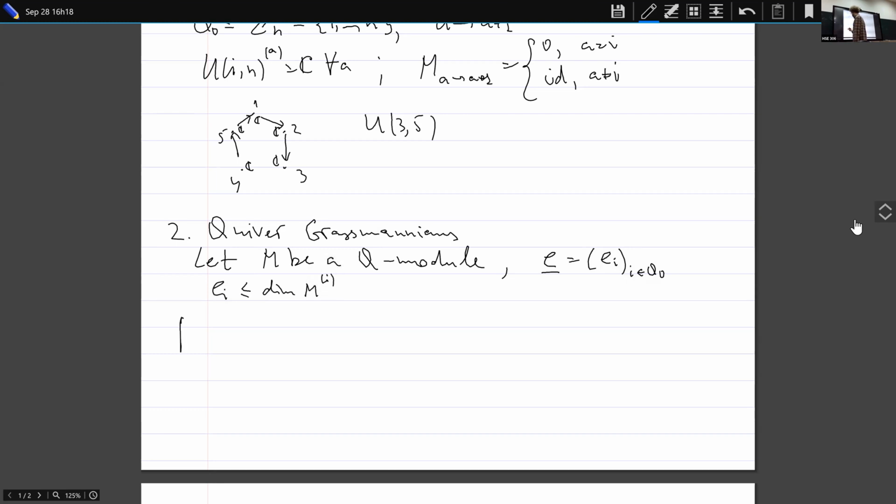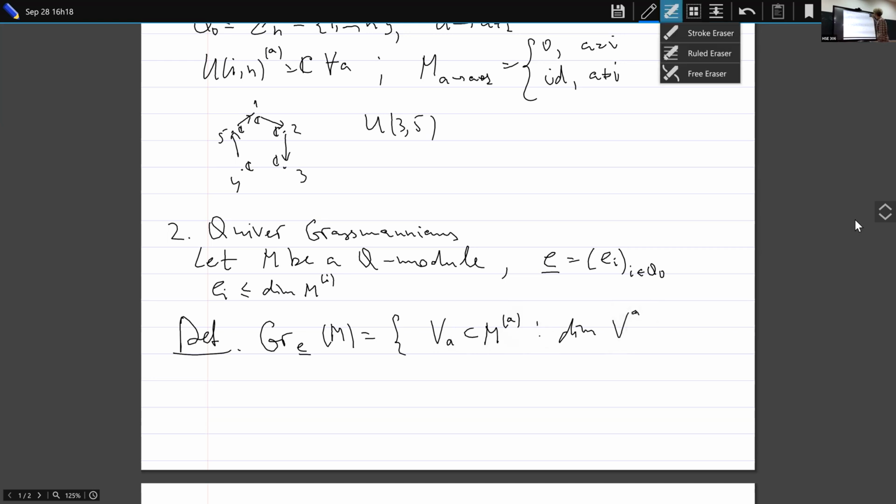And then by definition, this quiver Grassmannian Gr_e(M) is a collection of subspaces V^a from M^a such that the dimension of V^a is e_a, and if we have an arrow from a to b, if we apply it to V^a, then the result should be in V^b.